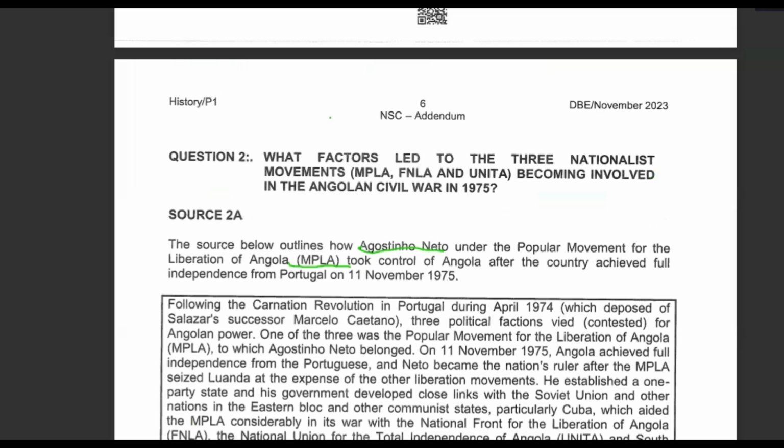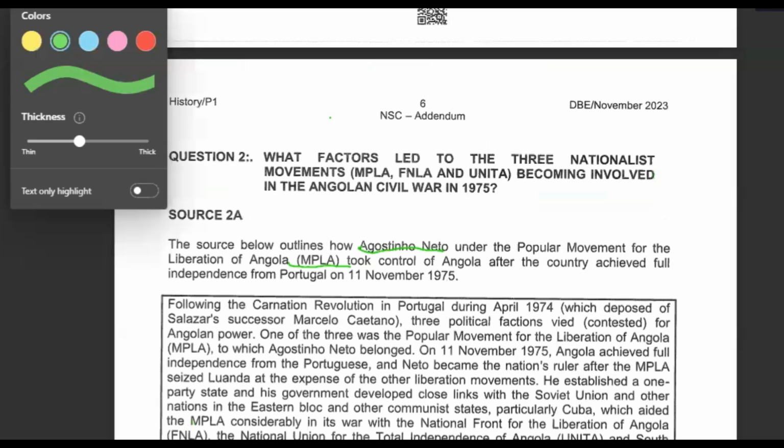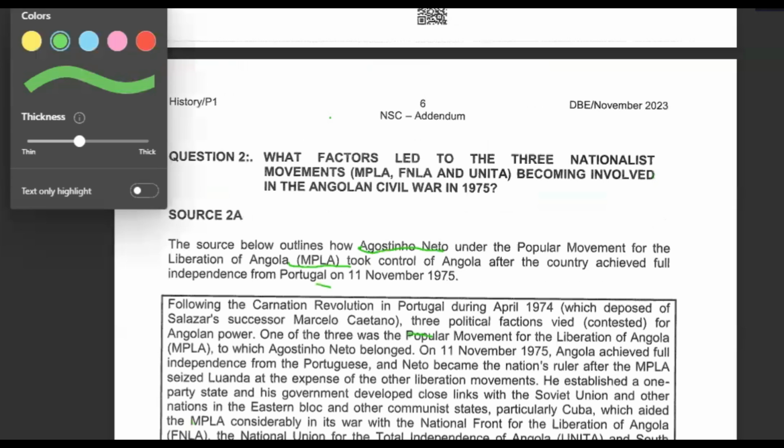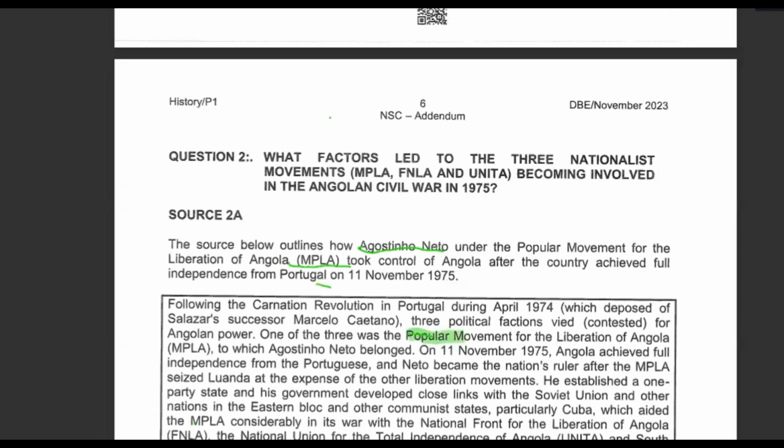So the first one, I'm going to highlight it. It was known as the Popular Movement for the Liberation of Angola, which is abbreviated as the MPLA, led by one known as Agostinho Neto.